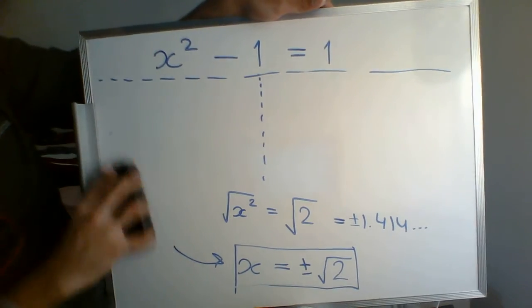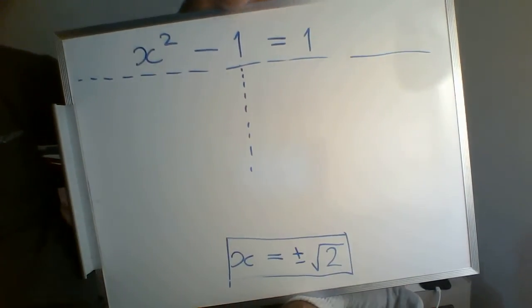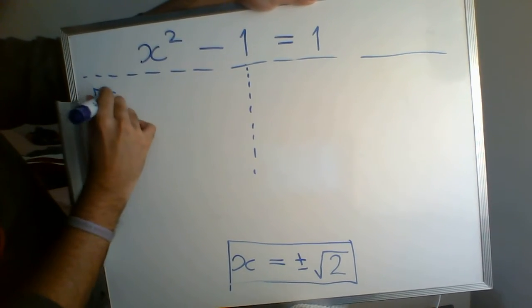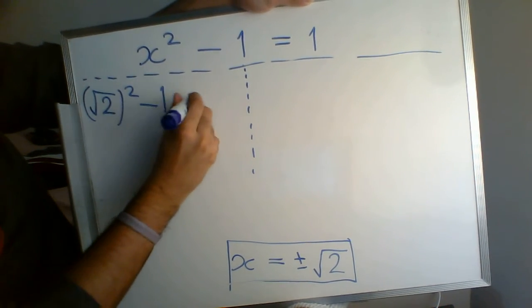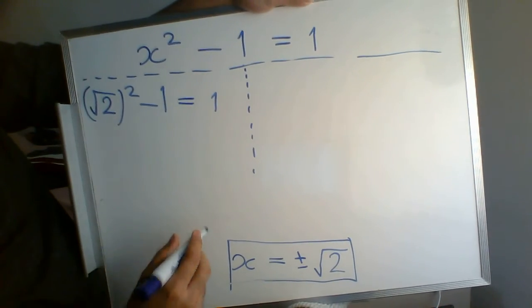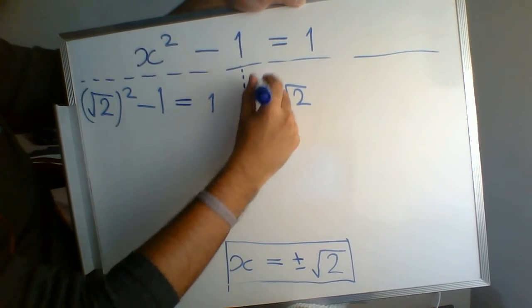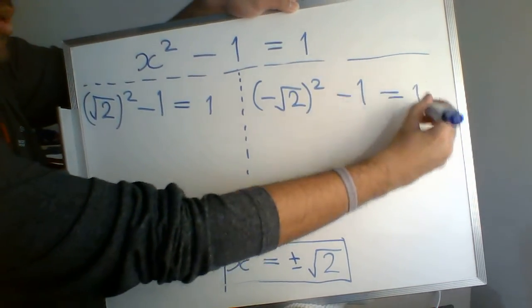So if I plug in the positive square root of 2 over here, it's going to be the positive square root of 2 squared minus 1 equals 1. And on the other side, it'll be the negative root of 2 squared minus 1 equals 1.